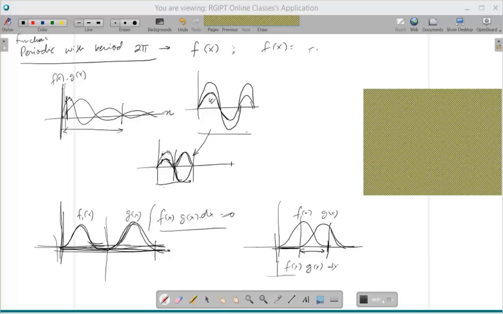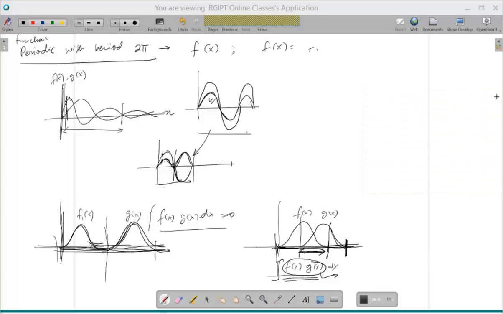So if you define your integral from here to here, the net overlap will be non-zero due to overlap only. This integral is not 0 because of overlap only. This is probably a good example to convince you that this integral is a good measure of overlap. Is that all right? Yes or no? Okay. All right.